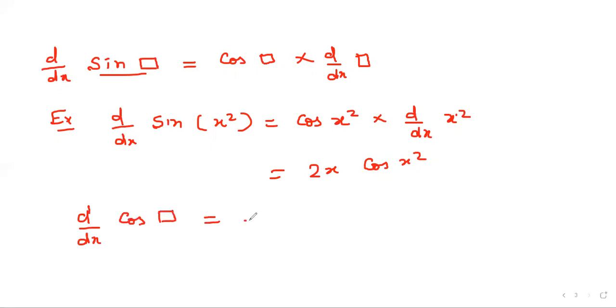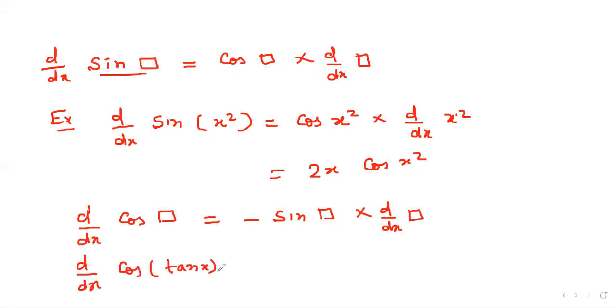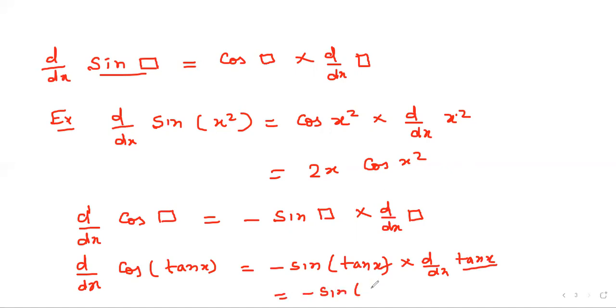Same rule applies, minus sine block times d upon dx of block. Example, d upon dx of cos tan x will become minus sine tan x into d upon dx of tan x. That will be sec square x. So minus sine tan x into sec square x.